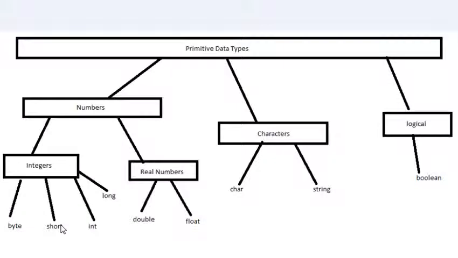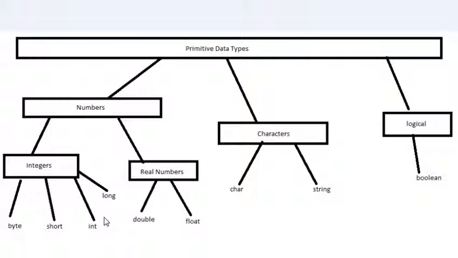Now we have the int type for the integers. This is the type that we're going to be using most of the time in our tutorials, because we don't need to use byte or short, pretty much because we don't have to conserve resources. We're not making programs so big that we need to conserve resources, and an int is just big enough for us to use, and we won't ever go outside the realms of that.